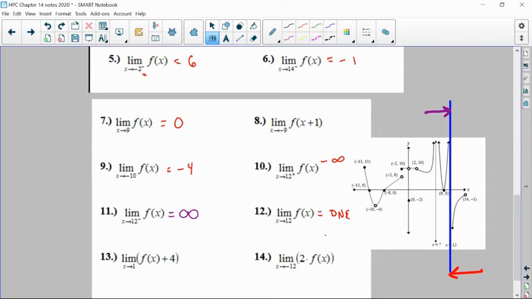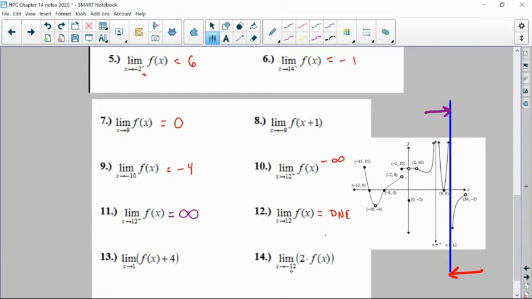Okay, now I want to look at 8, 13, and 14 because now we're going to start transforming the function that you see. And the easiest transformations, I think, are actually 13 and 14 because the transformations happen after the function. So notice that this +4 is outside f of x. That just means that whatever the behavior of the function at 1, you're just going to add 4 to it.